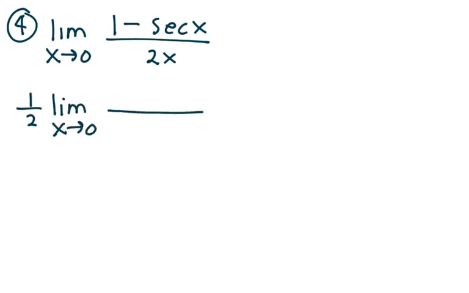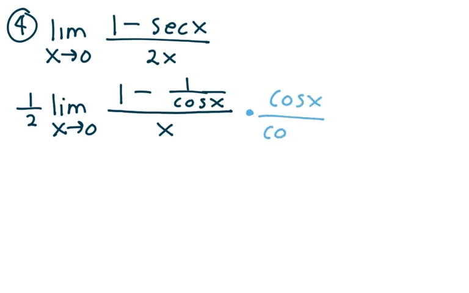And then if you guys don't mind, one more thing I'm going to do is I'm going to rewrite secant x as 1 over cosine x. And then I'm going to divide by x. And so I'm going to clear that fraction by multiplying the numerator and denominator by cosine x.